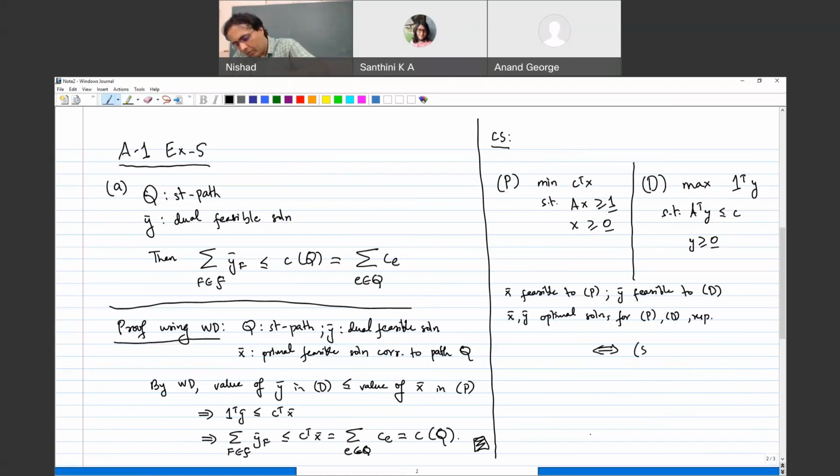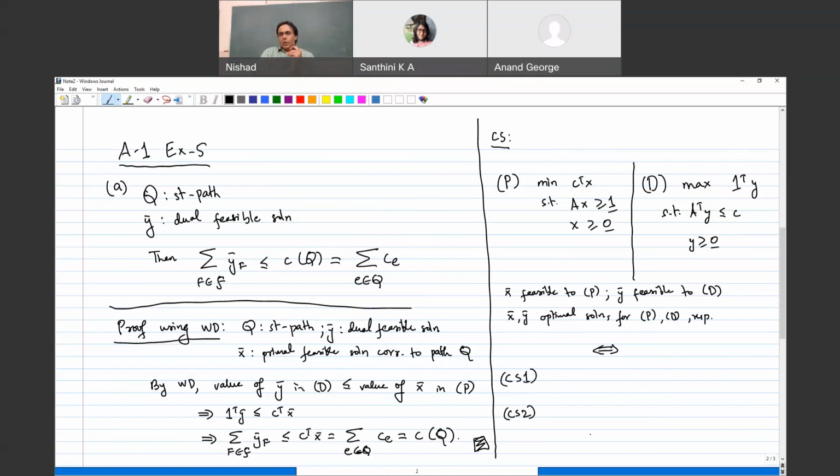Right, so I want to write down the CS conditions next. So maybe I'll just say CS1 and CS2. So let's think about the first one.